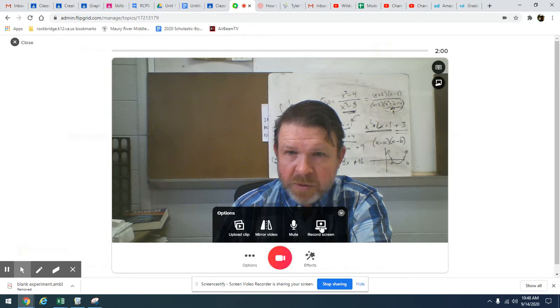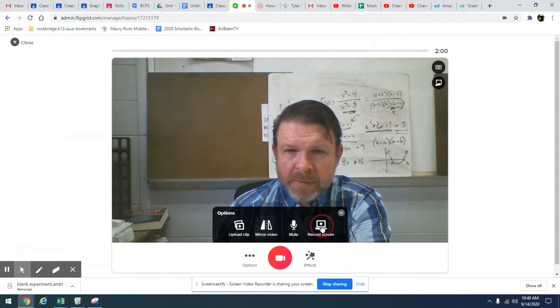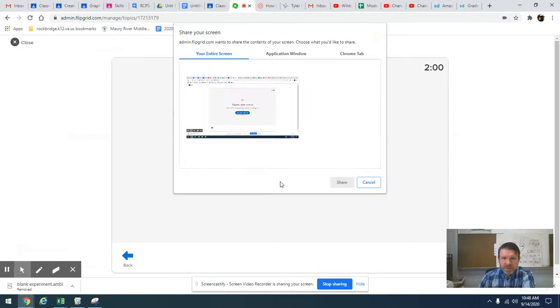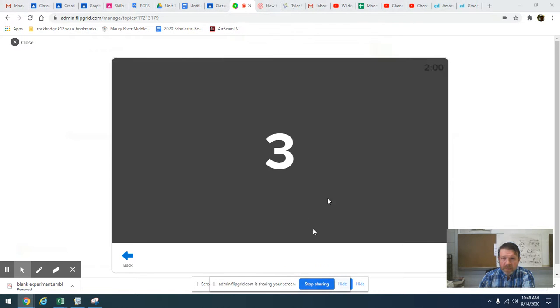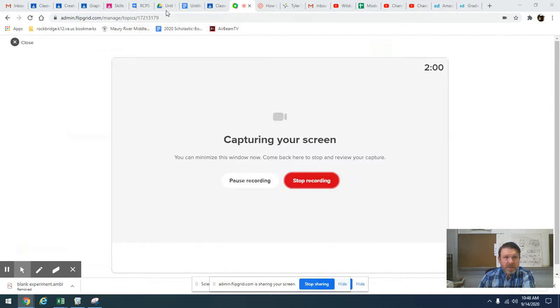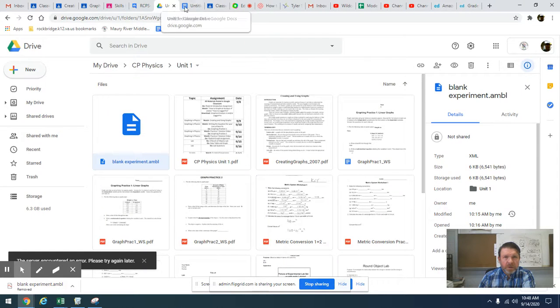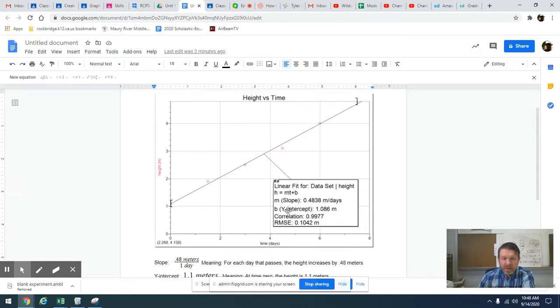So you'll be doing a little screencast there of just what I was doing, talking to you, so you'll be doing it in Flipgrid. So you're going to click on record screen and then start screen recording. You've got to share your screen. And you're going to go to your Google Doc, and now you can do your Flipgrid.